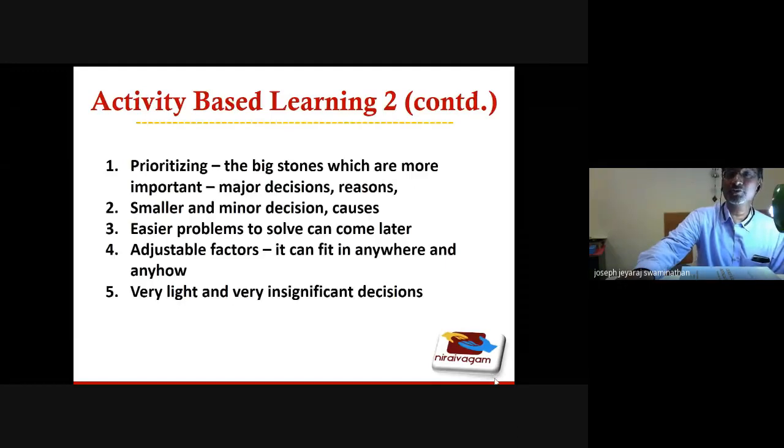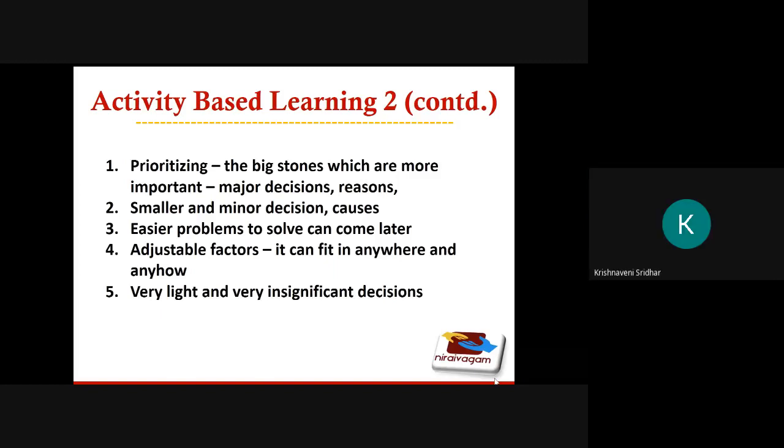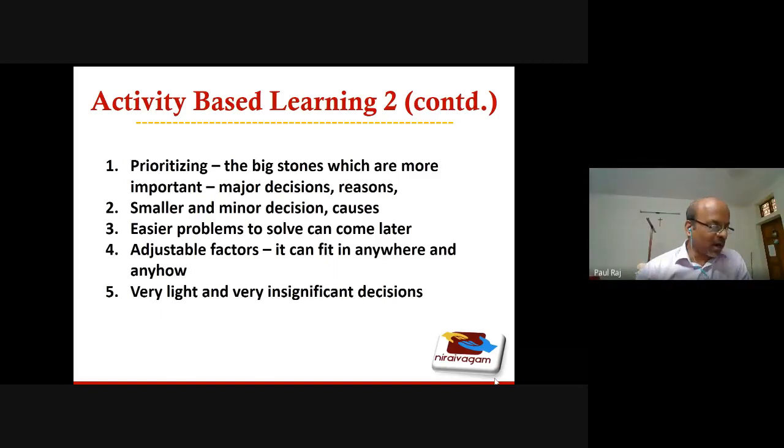Paul, you can take over for the next one. Okay, we go on to the next activity. Again, I would require you to read the case that I am presenting to you. After the case, I will give you 6 options for decision making. You have to choose only one of them.